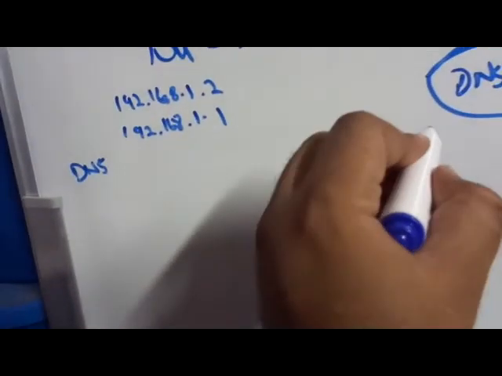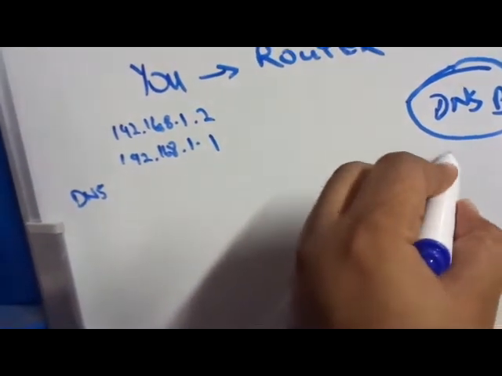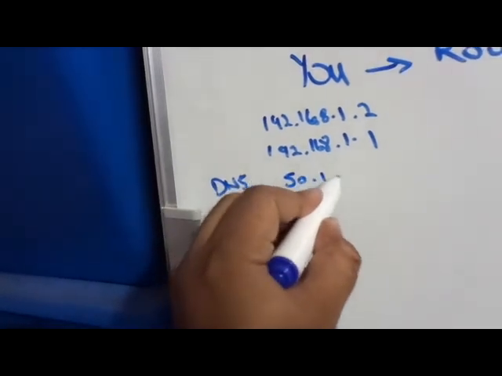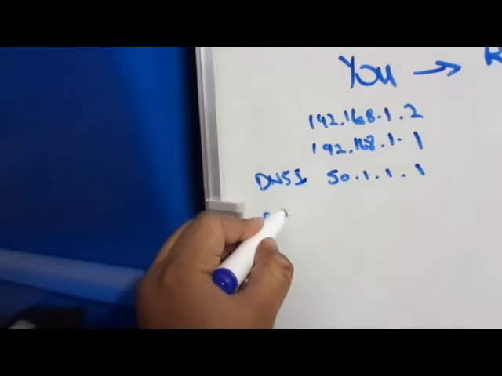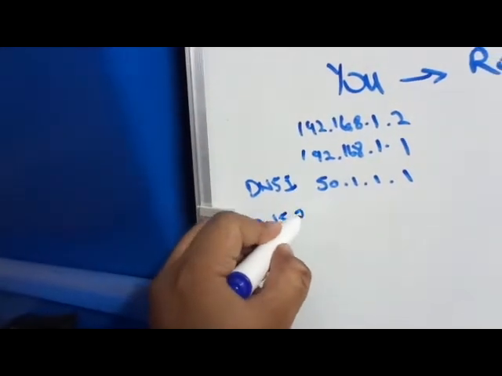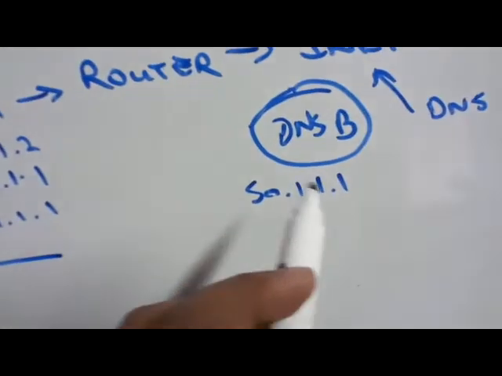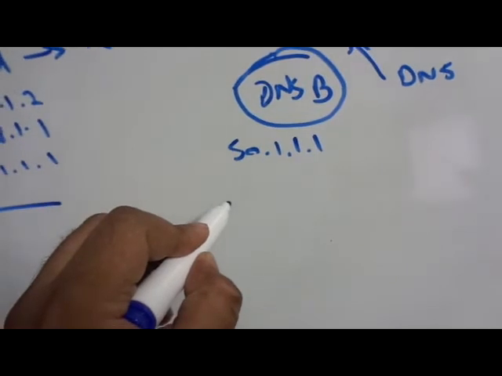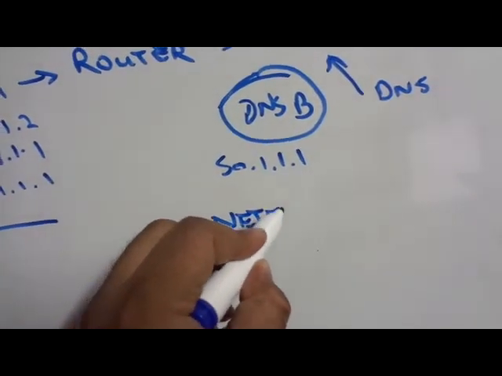Let's say your DNSB IP address was 50.1.1.1, you'd put that as your DNS1, and you could leave your DNS2 without anything. That's fine, as long as your DNSB server has a record for Netflix with the US IP.